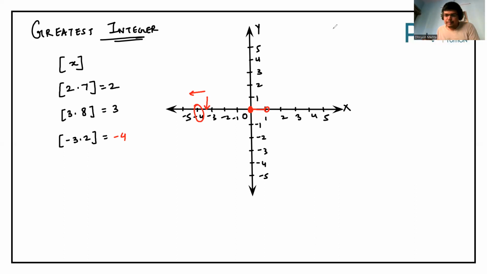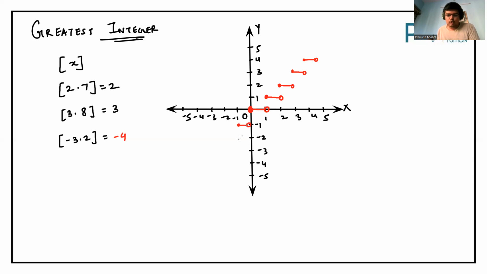If it is between, let's say, 1 and 2, then what will be the answer? 1. If it is between 2 and 3, then 2, between 3 and 4, 3. So this will be the graph. Are you following this?